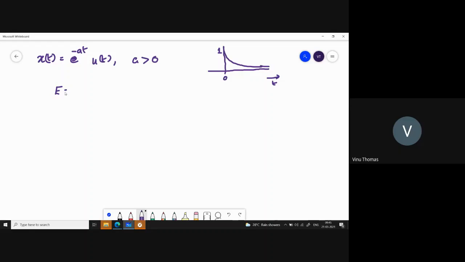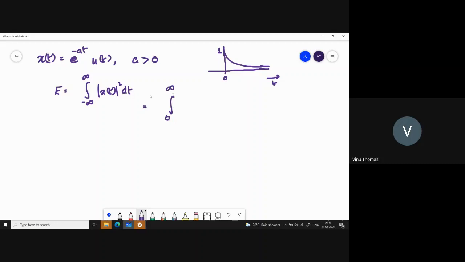So energy you can find as integral minus infinity to plus infinity modulus of x of t the whole square dt. So that gives your energy, which you can write in this case as integral. So u of t, you are removing the negative part. So this is integral 0 to infinity.